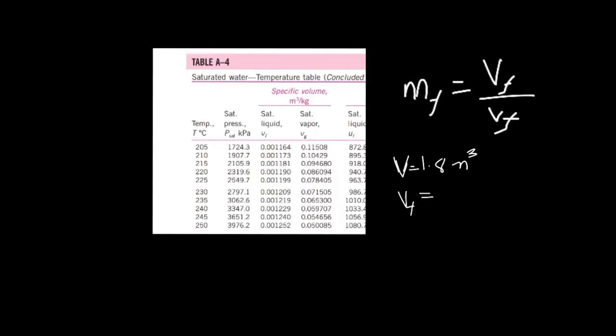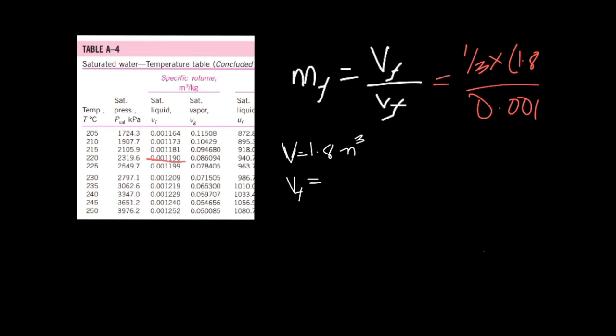Using the property table, the specific volume of saturated liquid at 220 degrees Celsius is 0.001190 cubic meter per kilogram. We're going to compute it.